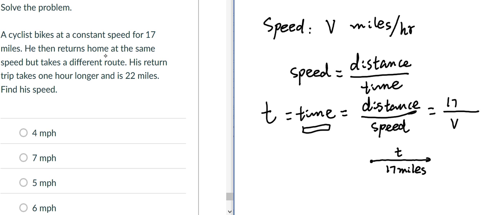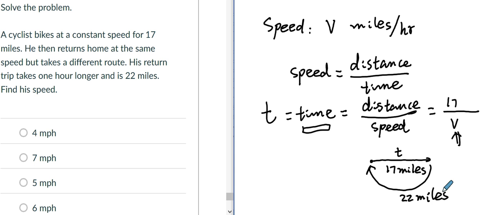He then returns home at the same speed, so v is the same, but takes a different route. His return trip takes 1 hour longer and is 22 miles. So we need to find the speed. Possibly a different route is like this, which is 22 miles.